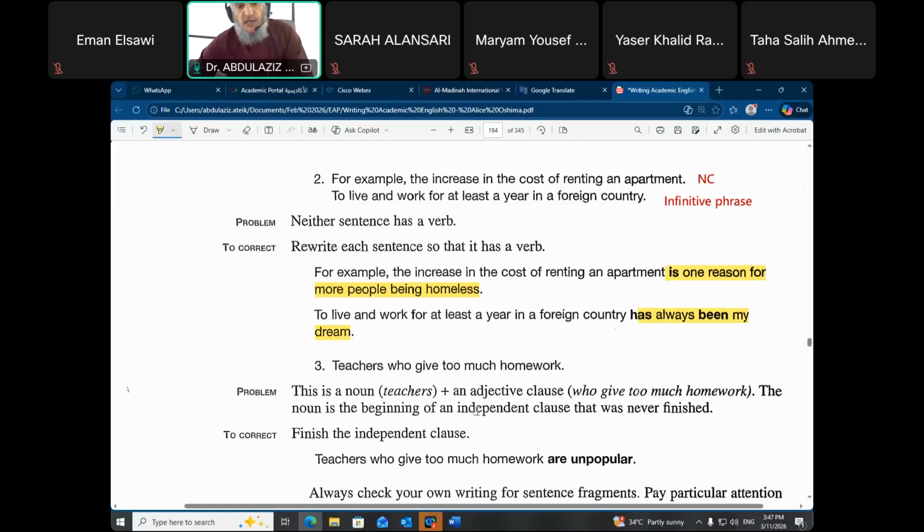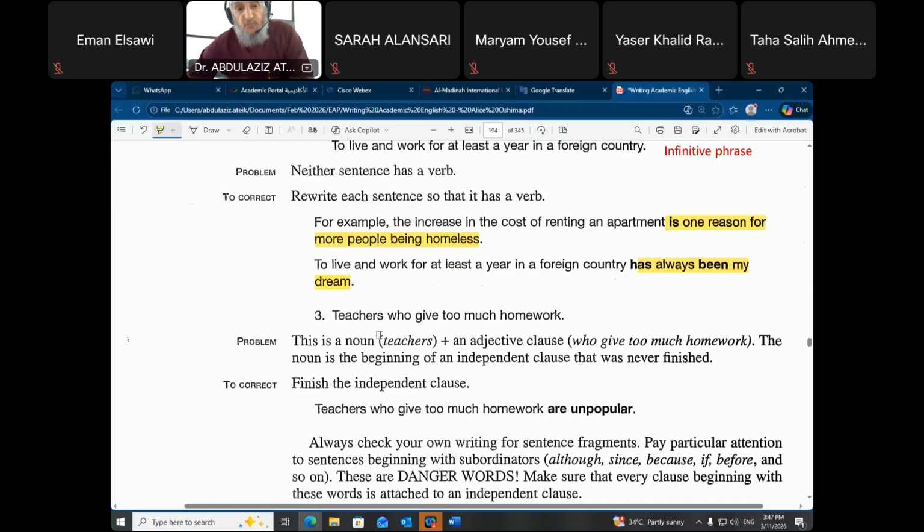Okay, now look at this. Problem number 3. Teachers who give too much homework. Can you tell me what type of structure this is? Is it an adjective clause? Is this a clause?